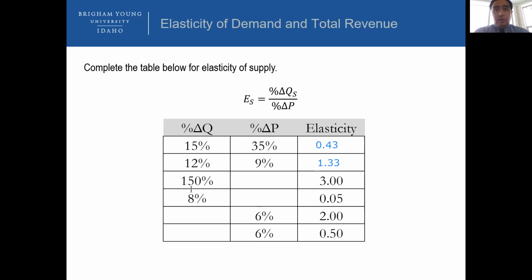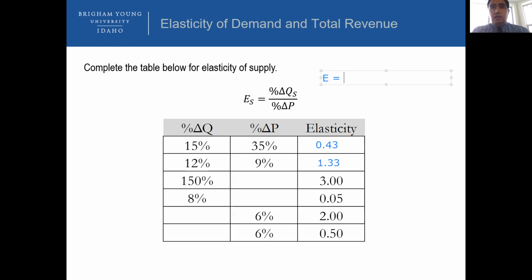How do we compute these other ones? So if we know that the elasticity of demand is 3, and you increased the quantity demanded by 150%, what is the percent change of price? Well, we can use this formula to tell us. Let's do a little bit of algebraic manipulation before we get there.